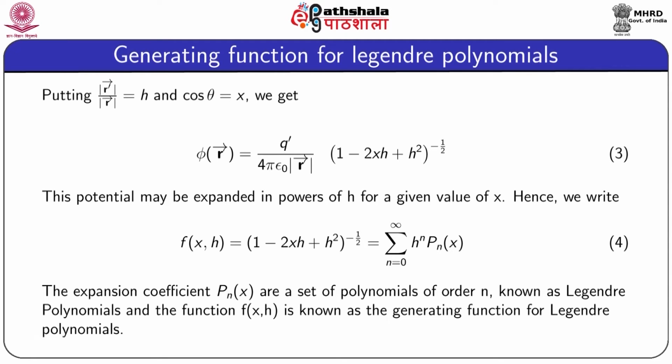This expression, which is denoted by f x h in expression 5, is the generating function for the Legendre polynomial and is given by 1 minus 2 x h plus h square to the power minus half, which is equal to summation n equal to 0 to infinity h to the power n p n x. The expansion coefficient p n x are a set of polynomials of order n known as Legendre's polynomial, and the function f x h is known as the generating function for Legendre's polynomial.